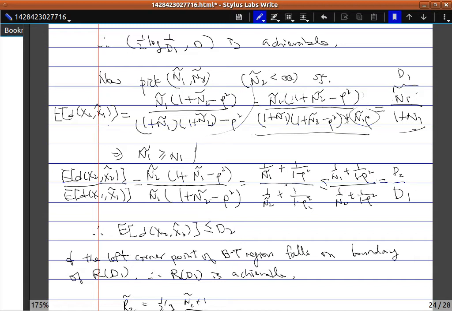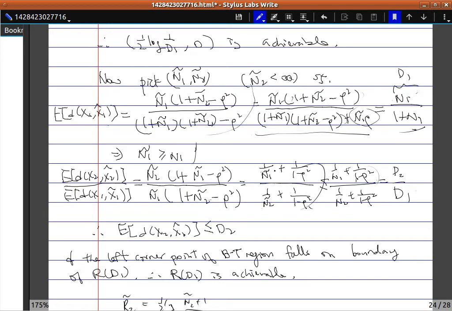We can see very easily that the ratio of distortion for the new distortion pair is smaller than the original, because m1 tilde is bigger, so this numerator is smaller than the numerator there, and also n2 tilde is smaller, therefore this denominator is bigger than that denominator, so this ratio is less than or equal to this one.